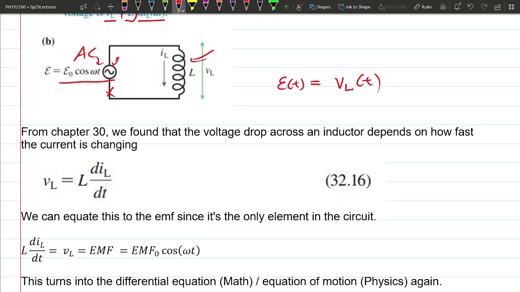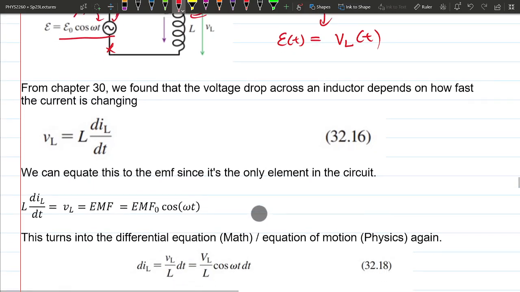You start off at 0, you start off at this point. When you go across the source, you gain some EMF amount of voltage. When you go back over here, you lose some voltage drop across that inductor, and now you're at the same place. Then you can solve this and find that they are equal to each other in this circuit, because it's a very simple circuit.